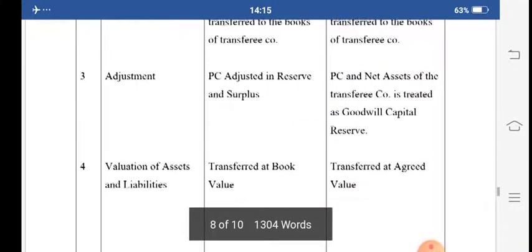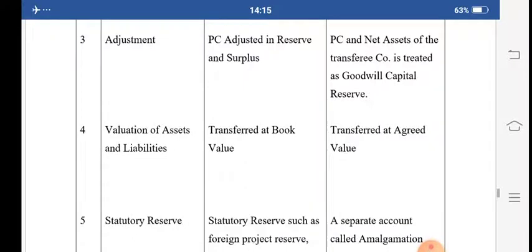Now point number three, the adjustment. In the pooling of interest method, the difference between the purchase consideration and the share capital of the transferor company is adjusted into the reserves and surplus.